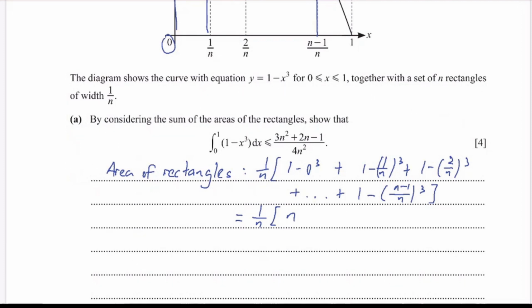After that, we have all the minus terms: 0 cubed, 1 over n cubed, 2 over n cubed, and so on until n minus 1 over n cubed. Let me write the details so we can see clearer.